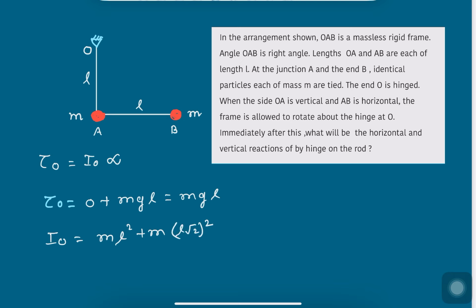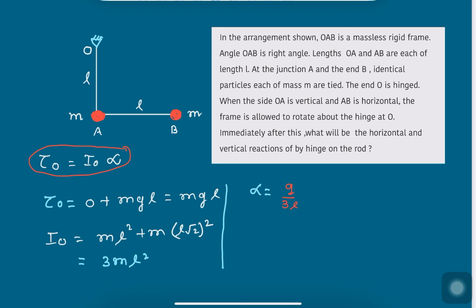And the frame's sides have no mass, so they will not contribute anything in I. So we will find I about O as 2 plus 1, 3 mL square, right? So alpha will come out from this relation, torque upon I. The mgL upon 3 mL square, alpha will be g by 3L, right?